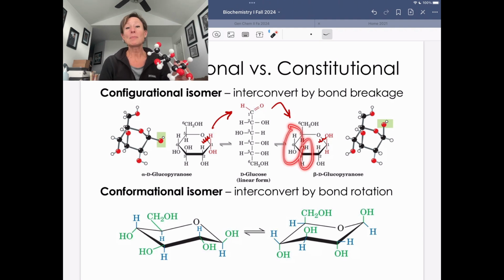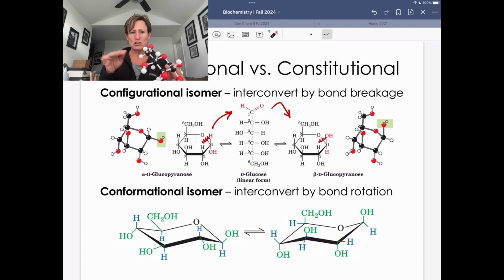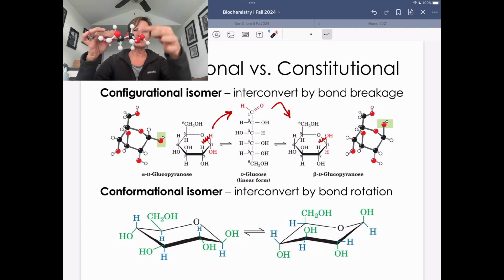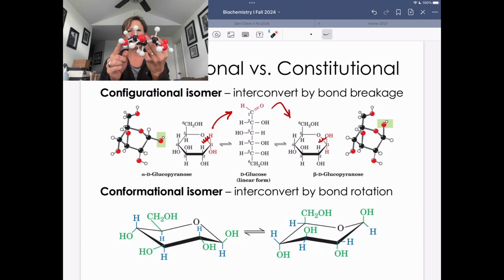We just see up and down, because a Haworth projection is easy to draw, but it incorrectly makes it look like there are 90-degree bond angles or something, and that's not the case, okay? So what I have here on the left is a molecule where all of my OH groups, OH there, OH there, OH there, OH here, and then my CH2OH group, are all in equatorial positions.